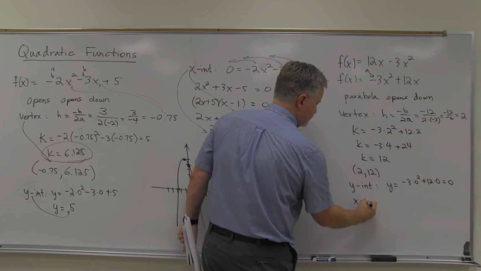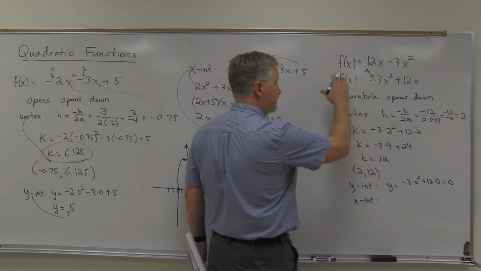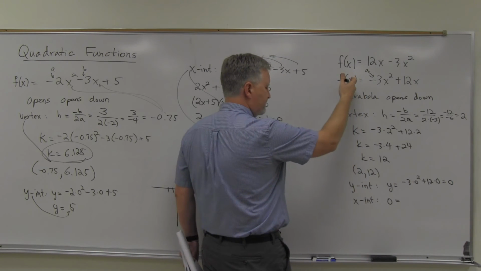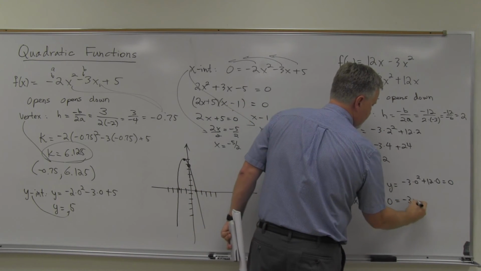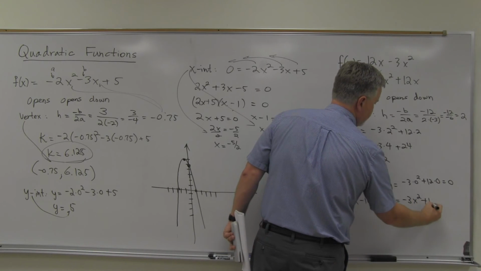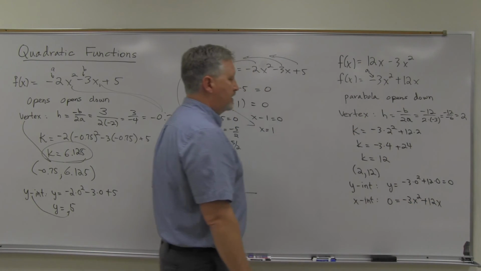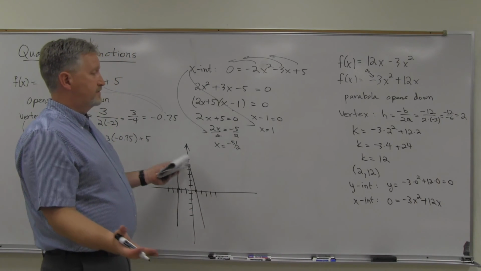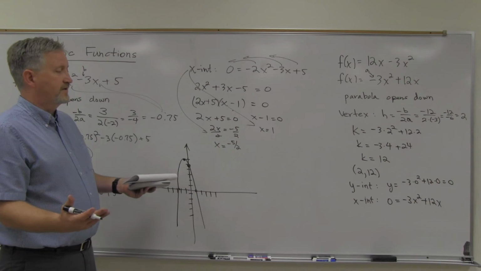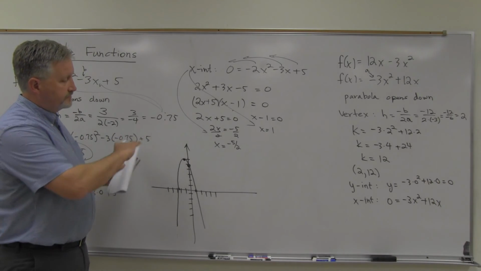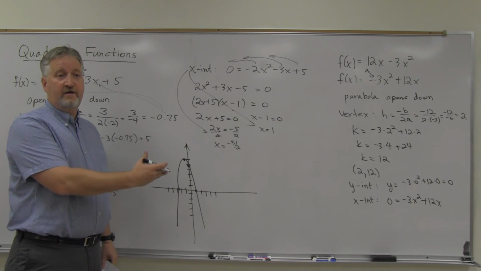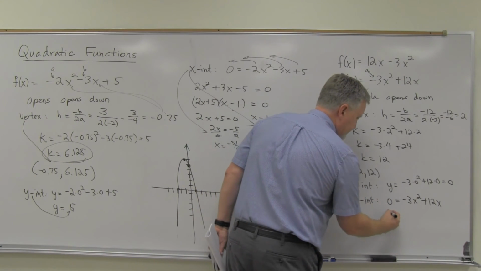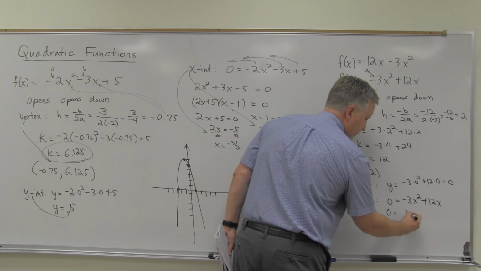The x-intercept, well, you let y be 0, f of x be 0, so 0 equals negative 3x squared plus 12x. This one we do factoring, but it's not the two binomial factor because this has a common factor, doesn't it? So you can bring those over if you want to, but this one's just going to be factor out negative 3x.